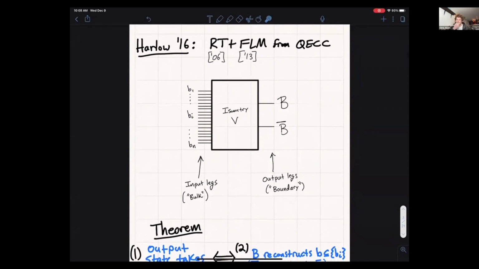And this isometry V can be perfectly general. A special case of this would be tensor networks, where you break open this black box and you know exactly how the isometry is formed from smaller tensors. But we don't want to just consider tensor networks. We're considering this more general setting of a general isometry where we don't know what's in the black box.